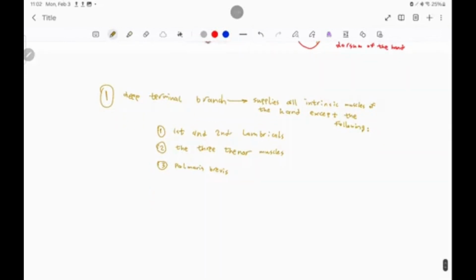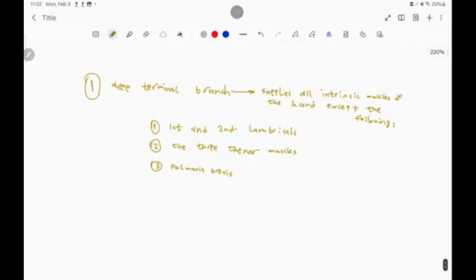But when I say it supplies all intrinsic muscles of the hand except the following, I don't mean that the ulnar nerve does not supply these muscles. There may be another branch that supplies one of these muscles.